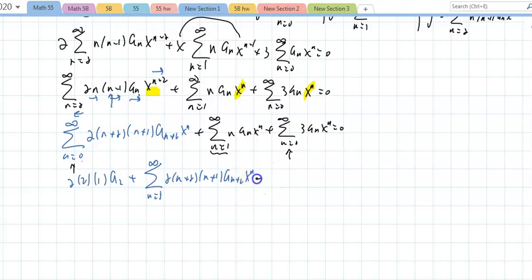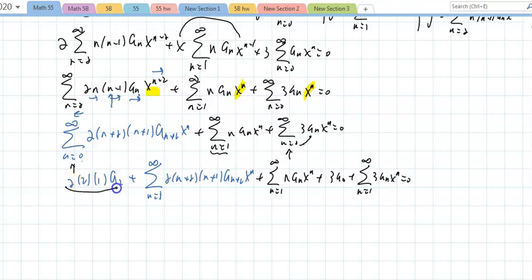The second term I'm going to leave alone because that's what I'm trying to match. N, a sub n x to the n. And I'm going to drop a term out of that, throw 0 in, that's 3a sub 0 plus the series n equal 1 to infinity, 3a sub n x to the n equals 0.